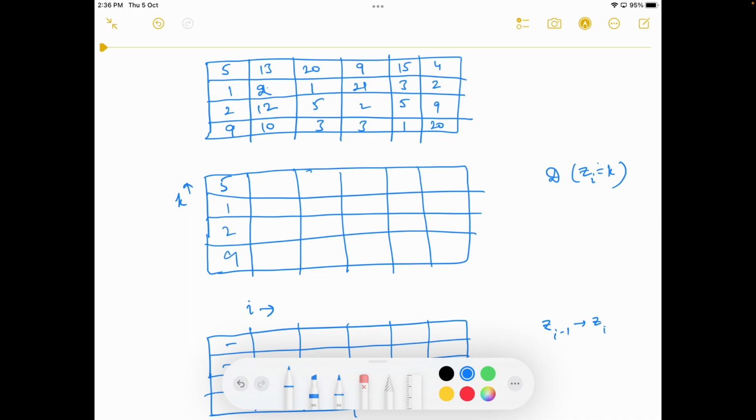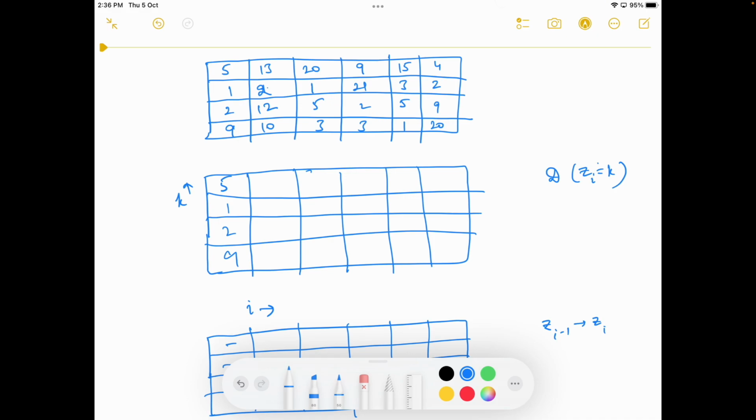Okay, now tell me, to reach here, what is the best path? Now you use your recursive formula. It's the best path to reach here plus this, or the best path to reach here plus this, or the best path to reach here plus this. This one is not allowed, so let's ignore it. So either this or this. Which one should I take? Whichever has the maximum score. 5 has the maximum score, so take the 5 one.